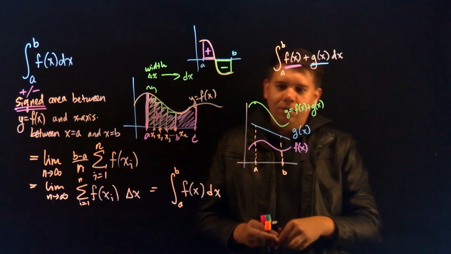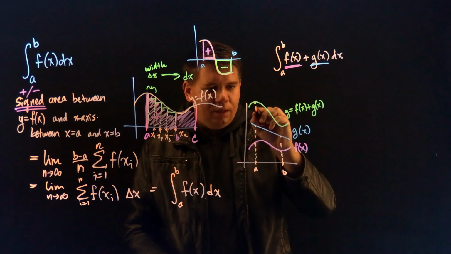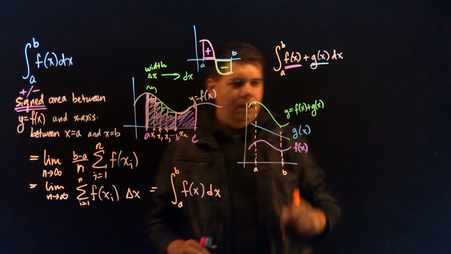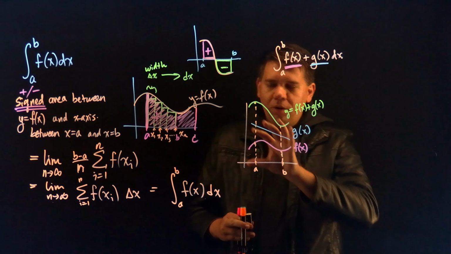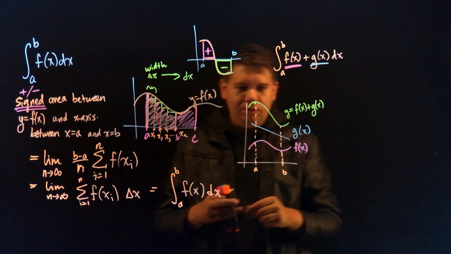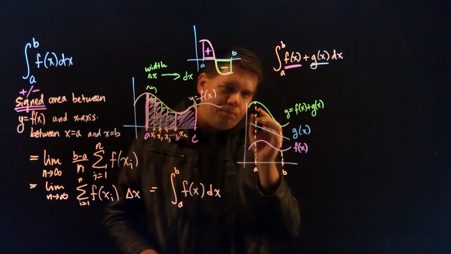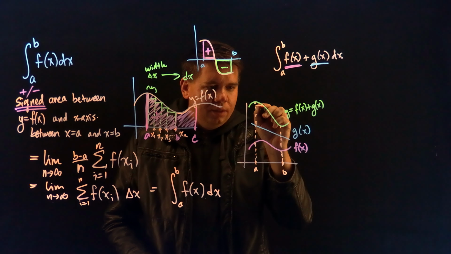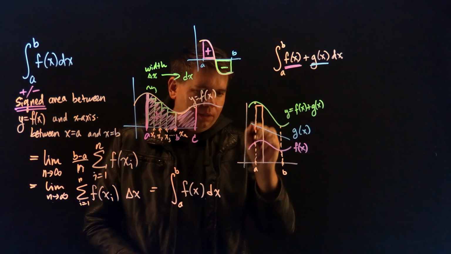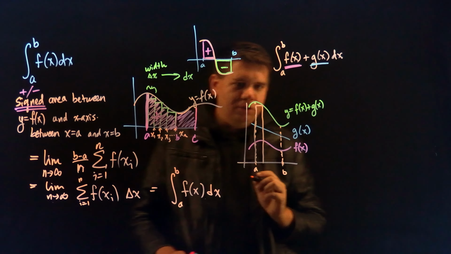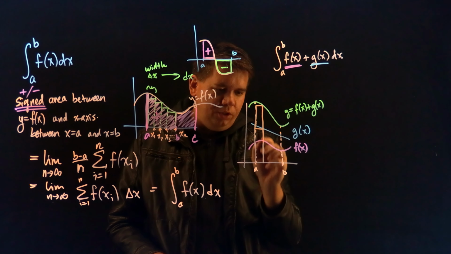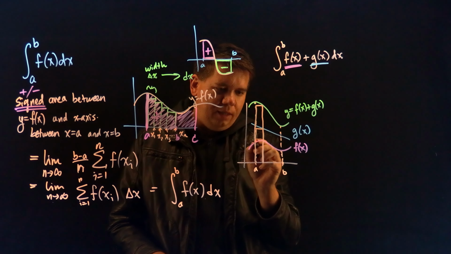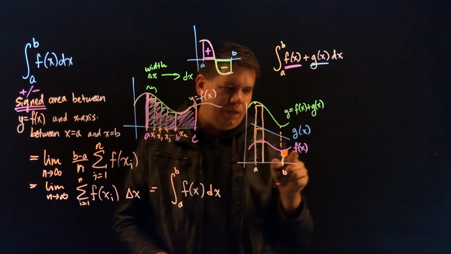And so now what I want to think about is, what is the area under f of x plus g of x? If I go to find that area by breaking it up into little rectangles, like I've been playing this little game, the key realization is the height of each of these rectangles is just the height of the corresponding rectangle in the g of x graph plus the height of that rectangle in the f of x graph.